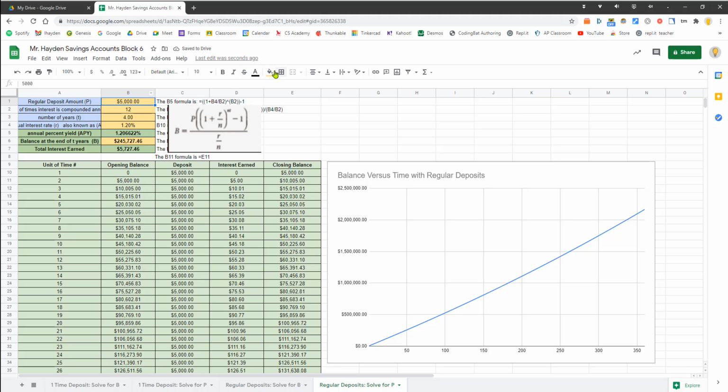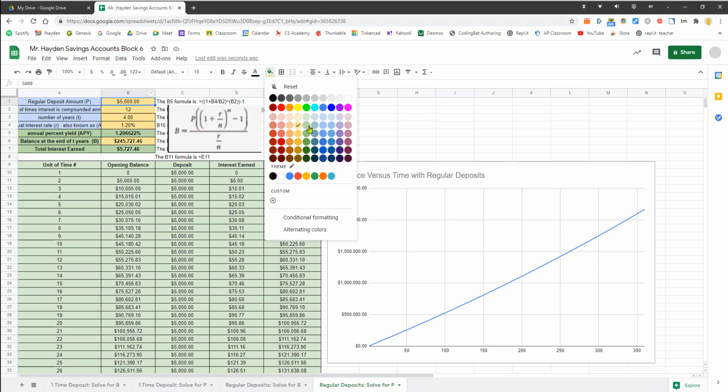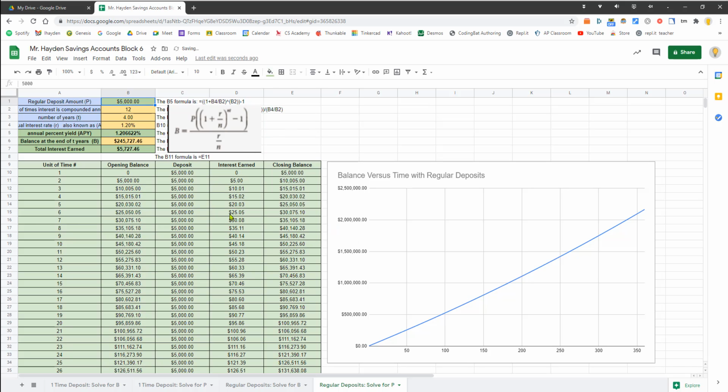They don't enter P, it's computed for them. And P for regular deposits is how much money they have to deposit every month.